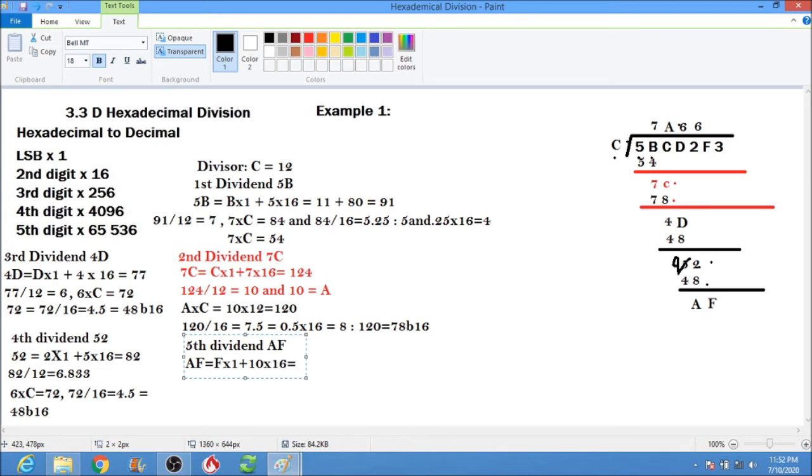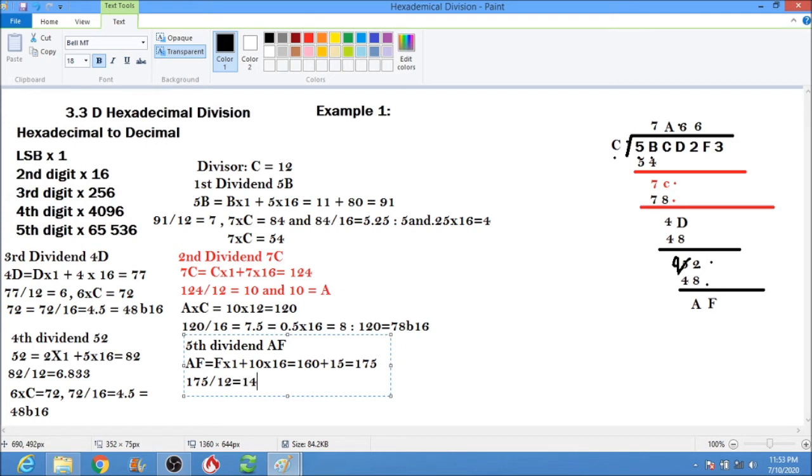So this is 160 plus 15, and that is 175. So we have 175 divided by 12, and our answer is 14.